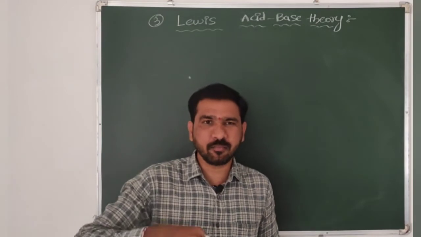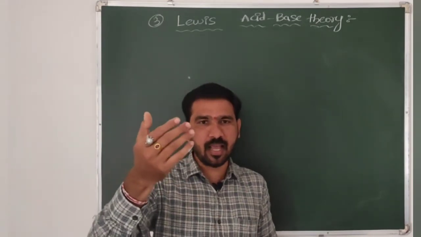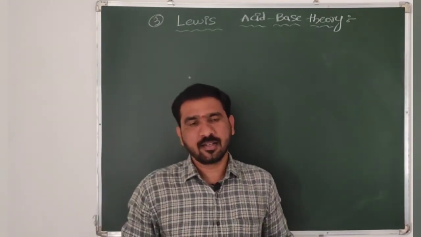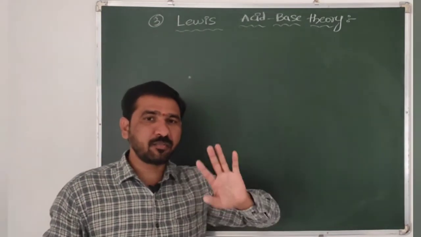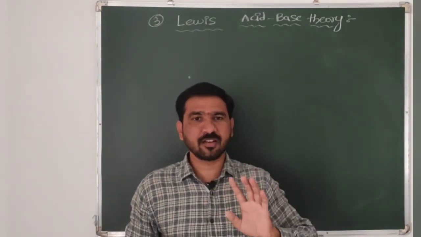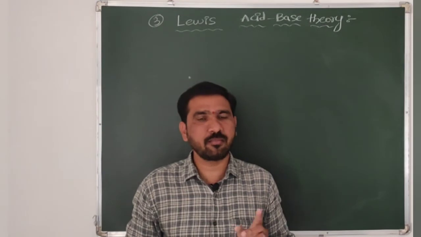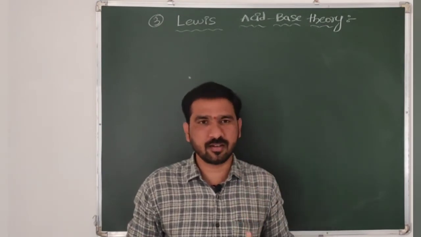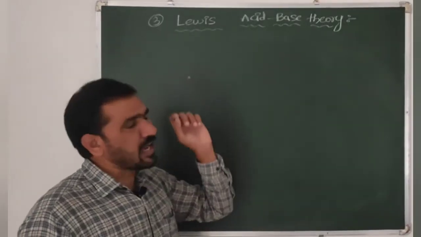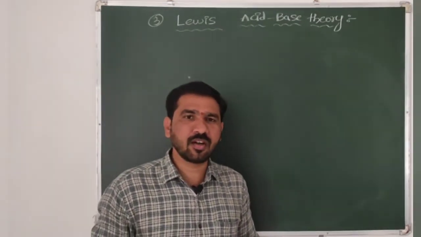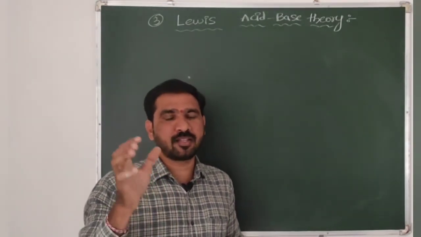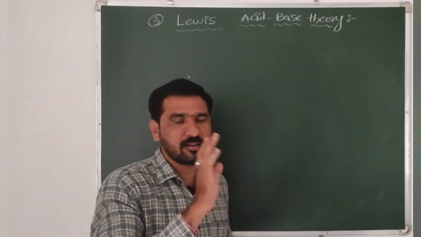It means electron pair donor is base, electron pair acceptor is acid. It means Lewis acid base theory explains the acidic character of acid and basic character of base dependent on one pair of electrons. That's why this Lewis acid base theory is also called electron pair theory. Is it clear, beta? Let me discuss that.